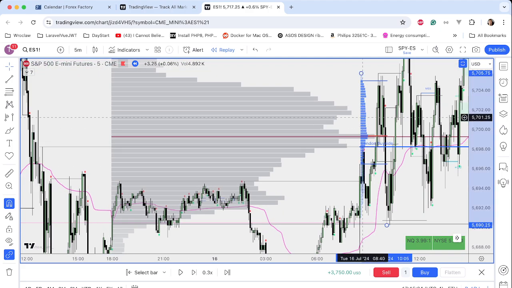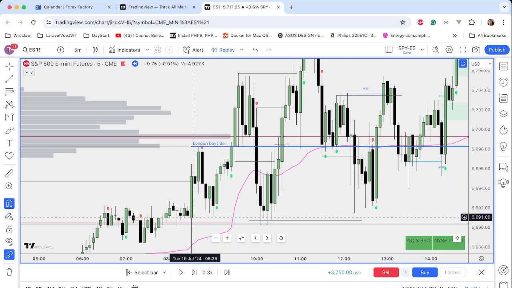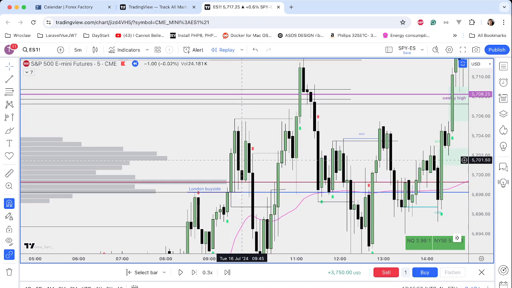Let me remove this. So this is when market opened. 9:30 here. Push.